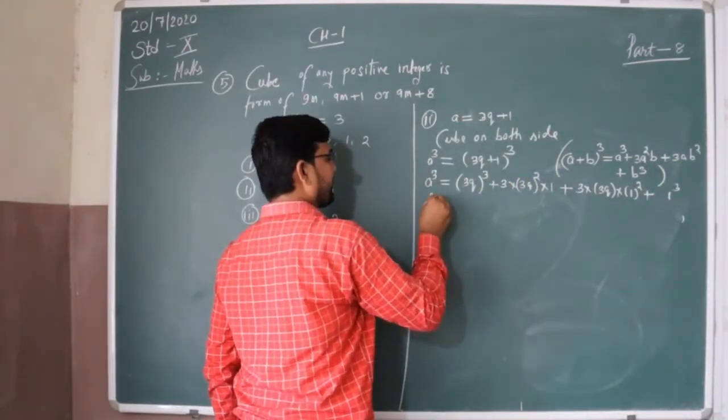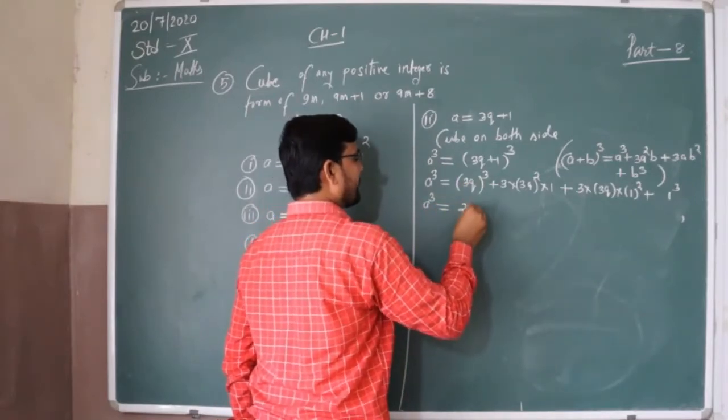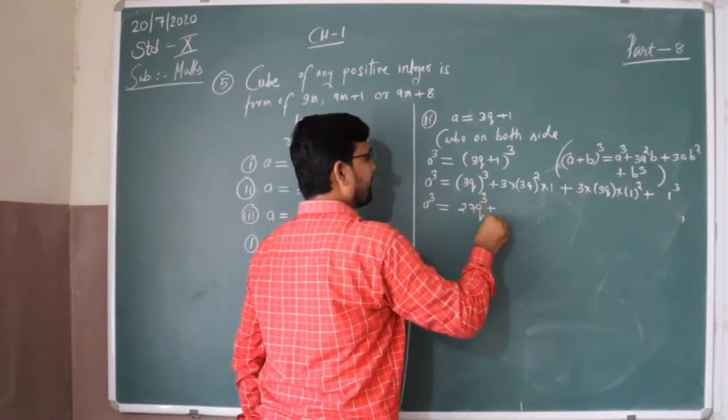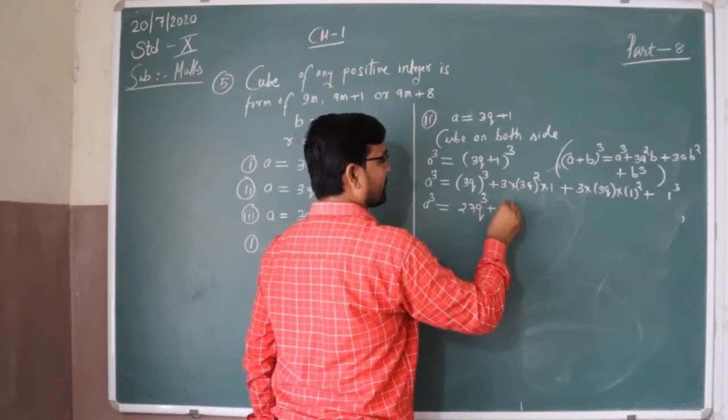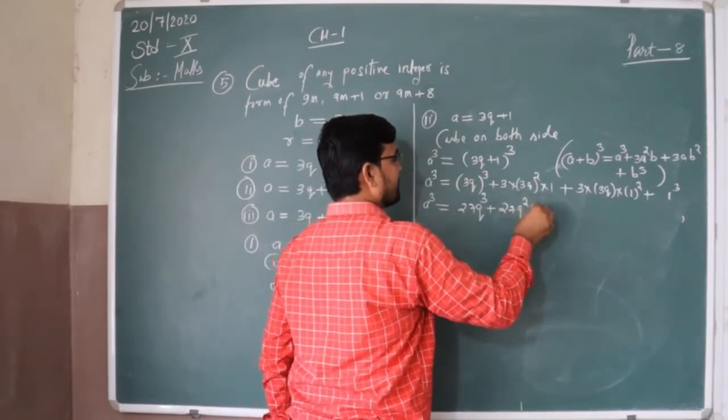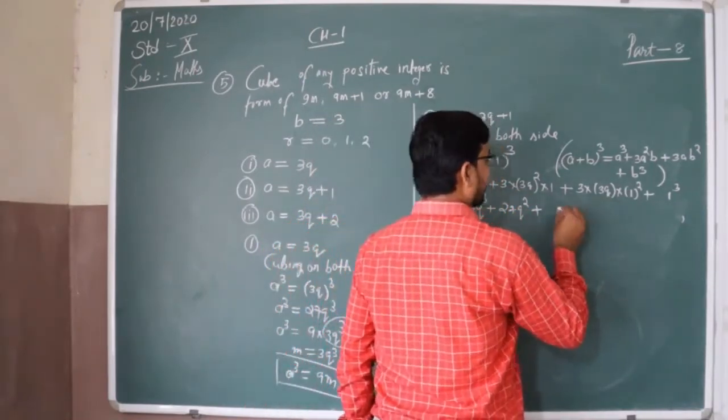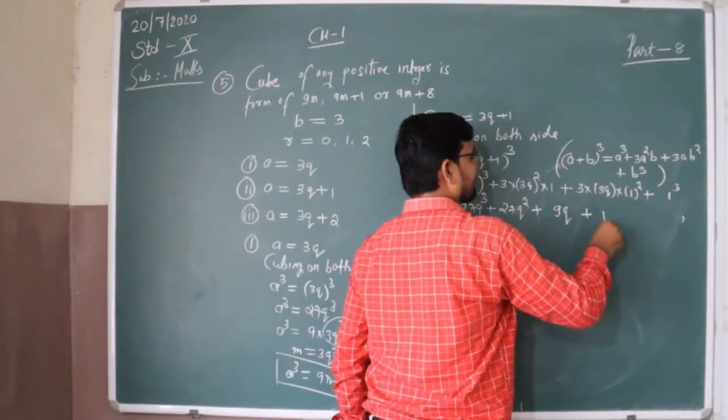Solving this, we get 27q cube plus 3 square is 9, 9 times 3 is 27, q square, plus 3 times 3 is 9, q, plus 1.